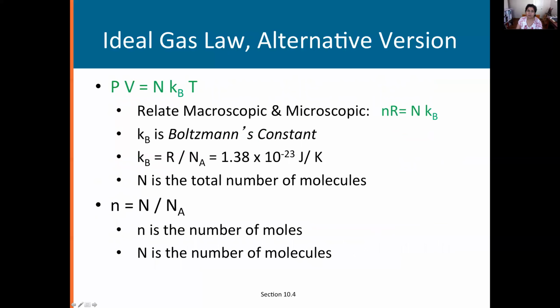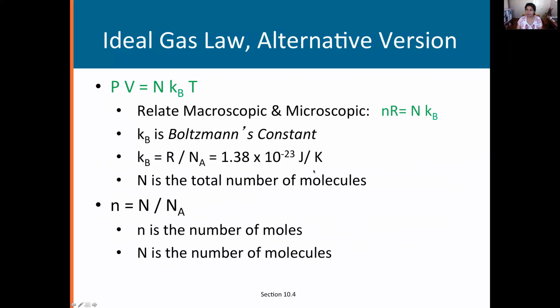Another way of expressing the ideal gas law is PV equals N, this is now an uppercase N, kB T. Okay, where N is the number of molecules. It's not the number of moles, it's the number of particles, right? So you need to multiply by Avogadro's number, yeah? So N equals little n times Avogadro's number. kB is called the Boltzmann constant, and kB is simply R divided by Avogadro's number, and it's this value here.